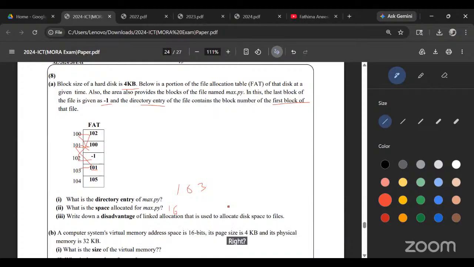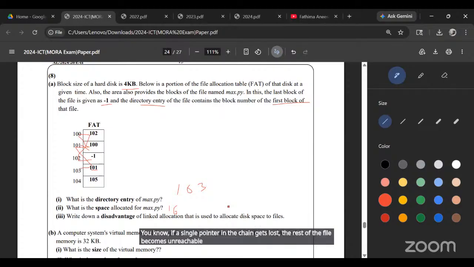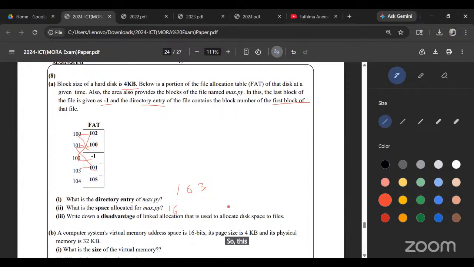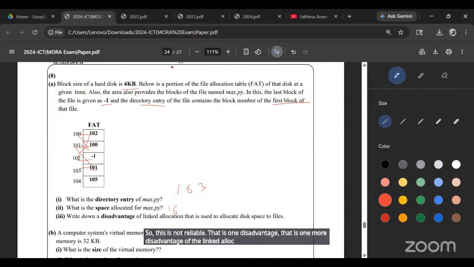If a single pointer in the chain gets lost, the rest of the file becomes unreachable. So this is not reliable. That is one more disadvantage of the linked allocation. Clear?